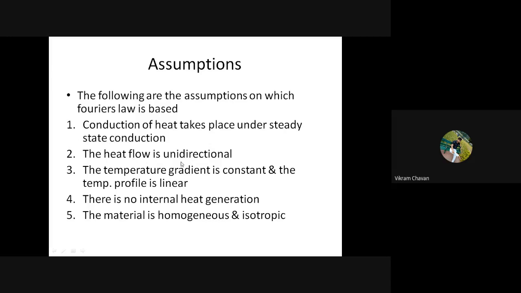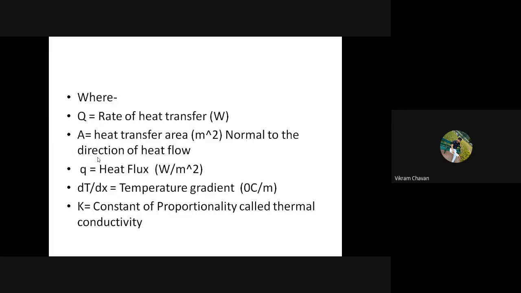Now the heat flow is unidirectional. There are multiple directions, and we can't say the proper direction of heat flow, in which direction heat is flowing, but for the assumption purpose, to implement the law, we have to assume that heat is flowing in one direction only. This assumption is most important, because actually there is the 3D view.